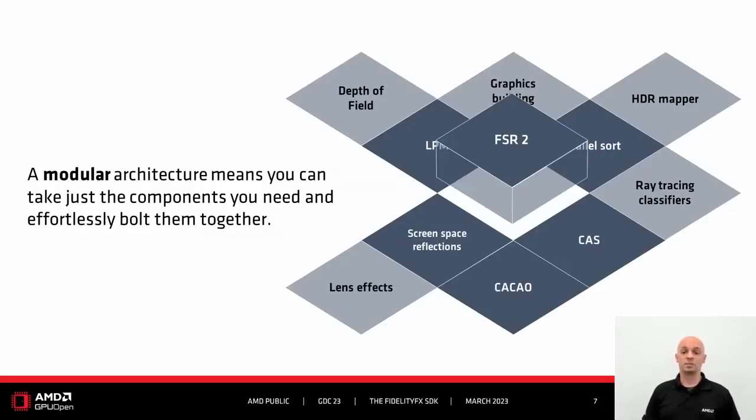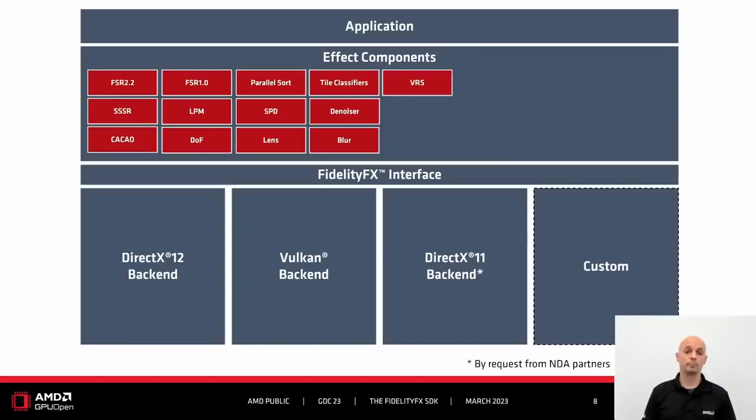The SDK was designed from the ground up to be as modular as possible. This means you're free to pick and choose and support only the features you want and leave the rest behind. This modularity also applies to our backend implementation.